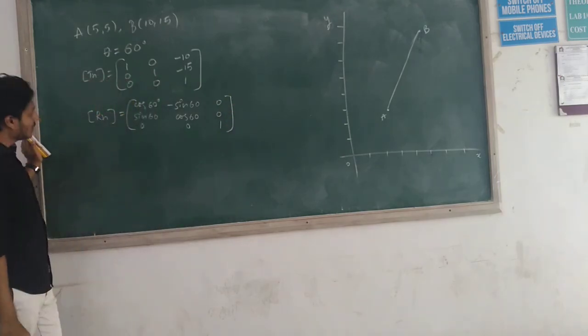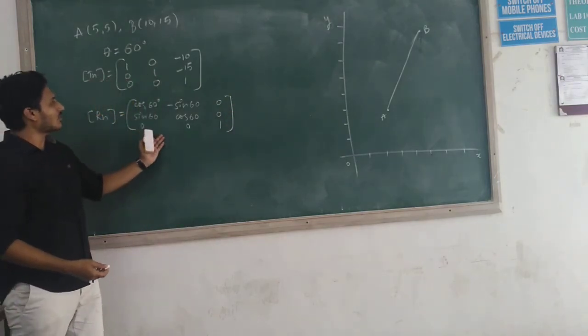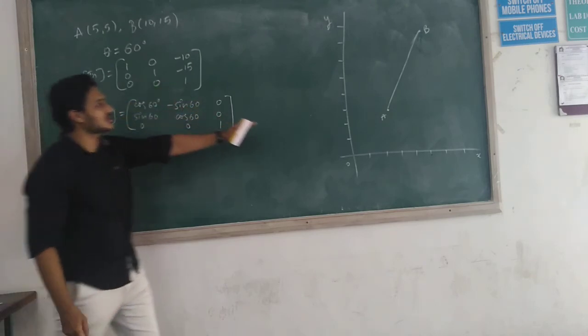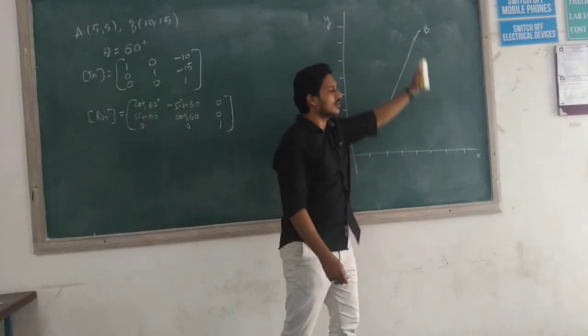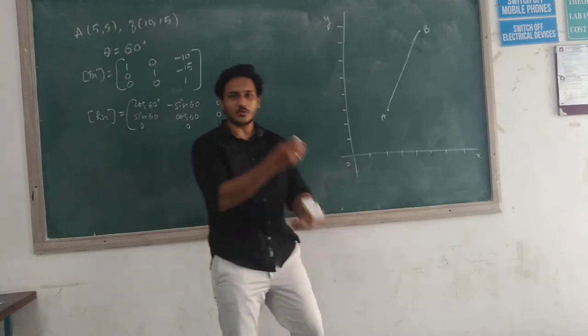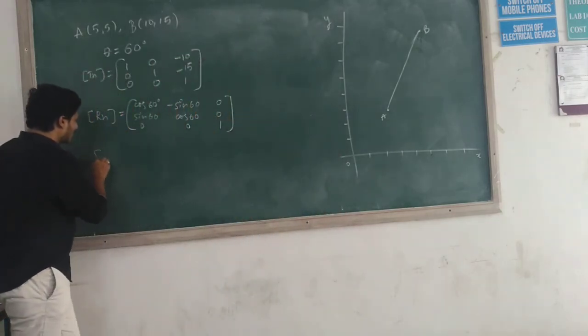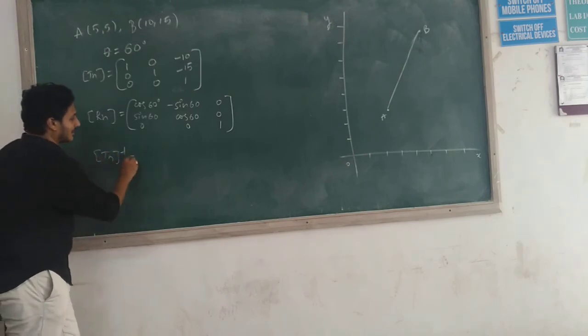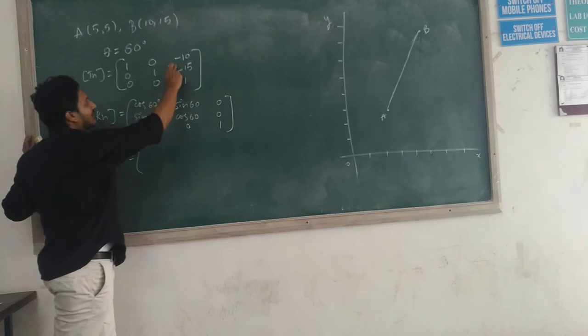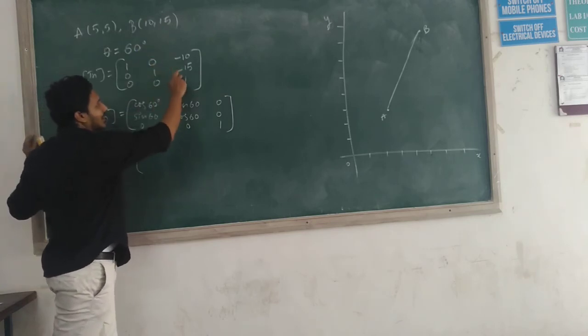After that, well, before rotation, we have the translating of the whole body. But we have to recover it, right? So what I am going to do is take the inverse of the translation matrix. So the inverse is the minus of minus Tx, minus Ty.